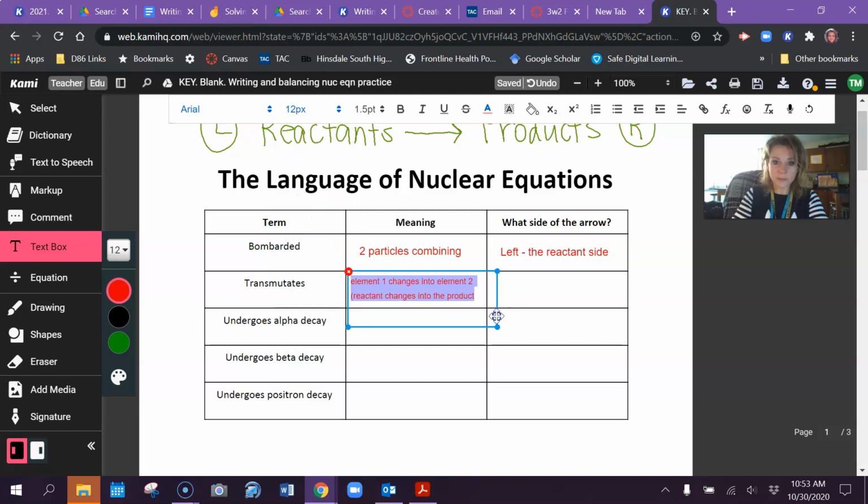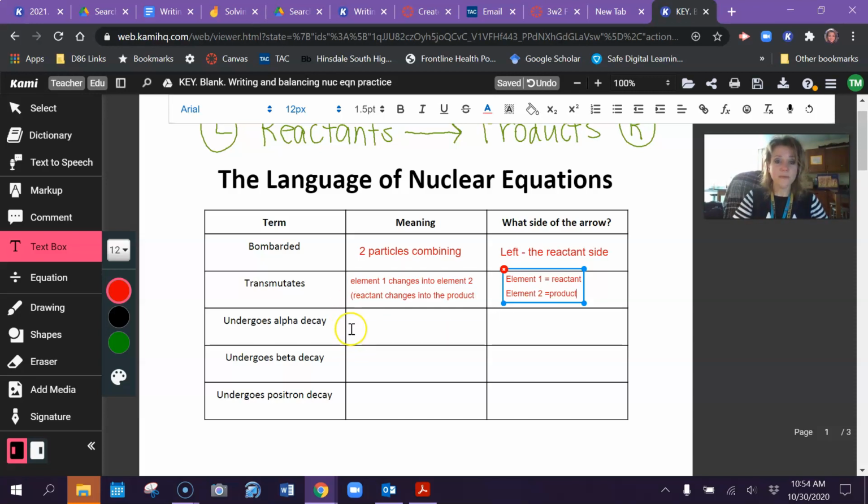There we go. Lovely. Okay, so element 1 in this scenario, my blue thing, element 1 is the reactant, and element 2 is the product.